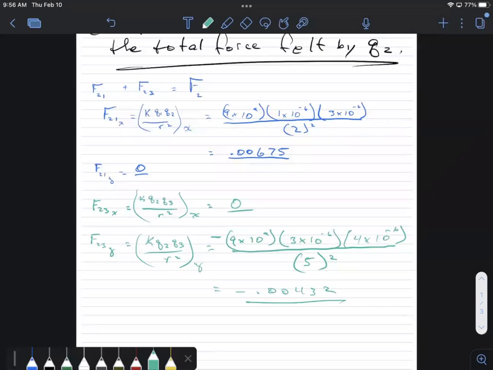And now I have the x and y components of the force on 2 due to 3. And then at this point, all the physics is done. Okay, I did all the hard work. The rest is, if I'm comfortable with vectors, which is why we did the math review at the beginning of the class, or beginning of semester, I should say.